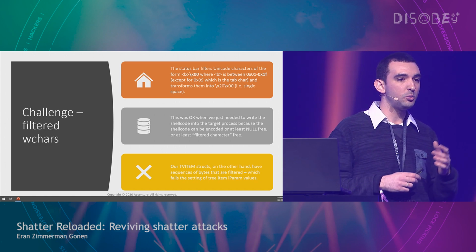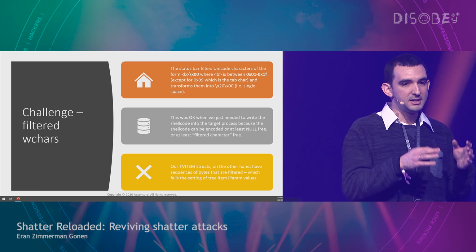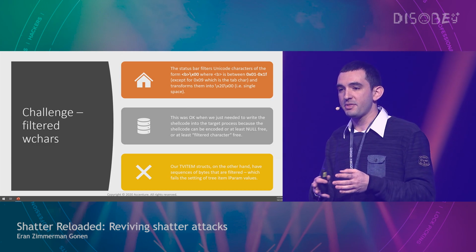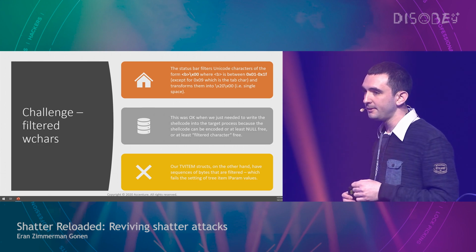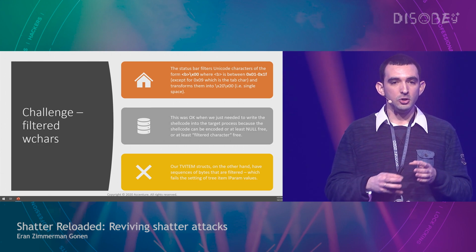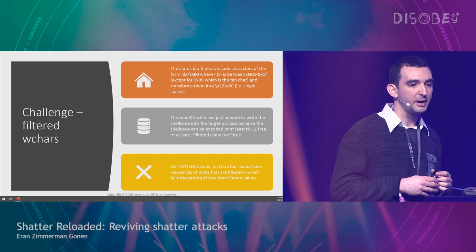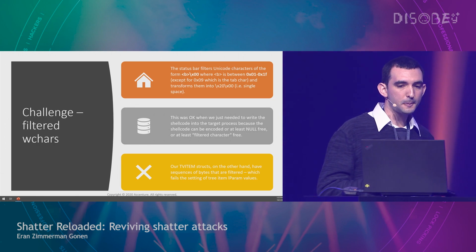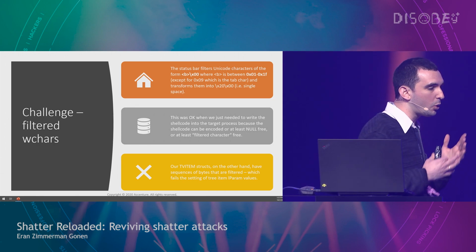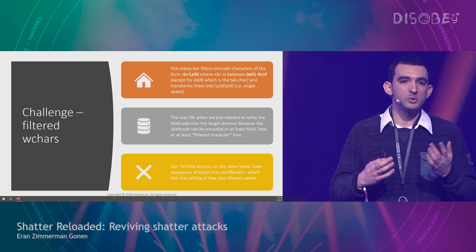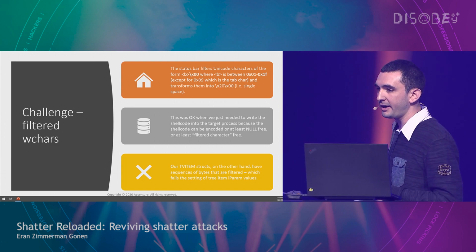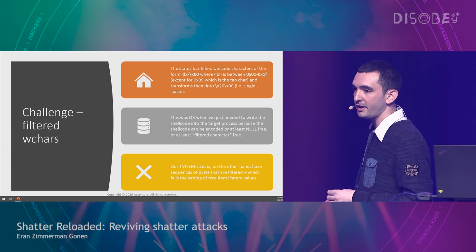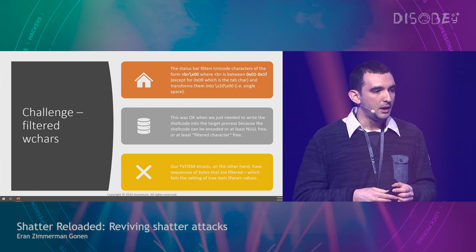Any wide character of the form something, null byte, where something is between 1 and 0x1f, except for 9, which is tab, would be converted to 0x20 and a null byte, which is a space. This is OK if we only need to transfer our shellcode, because shellcodes can be encoded to only have printable characters, or alphanumeric characters, or not have null bytes, or not have bad characters.